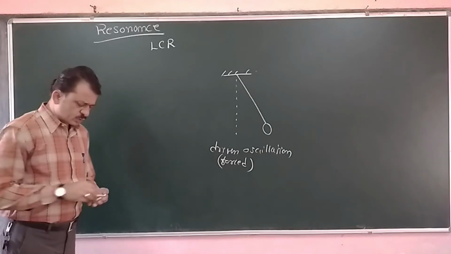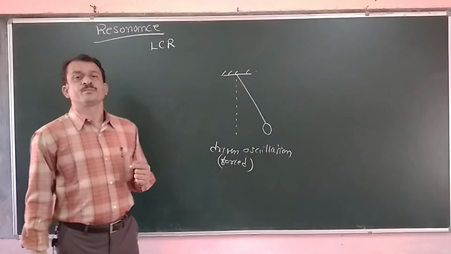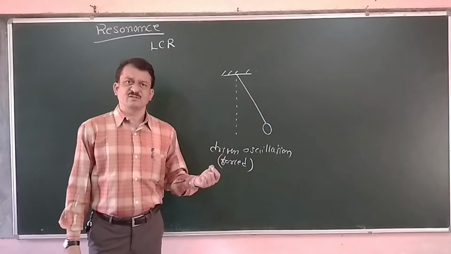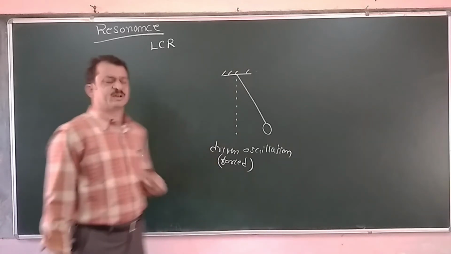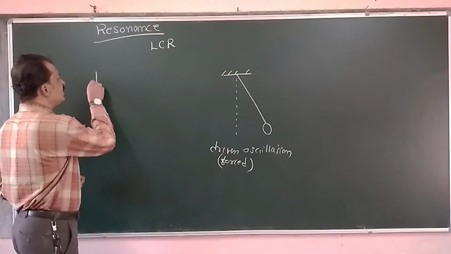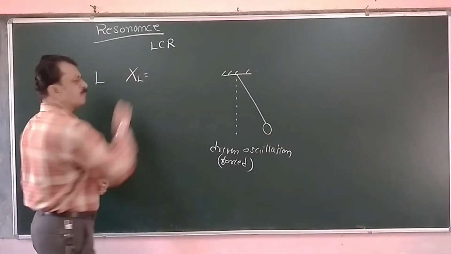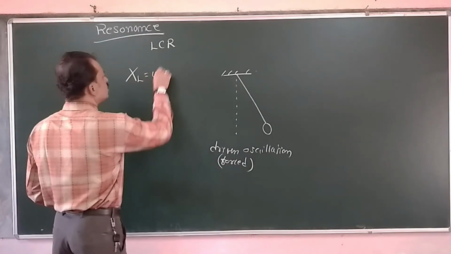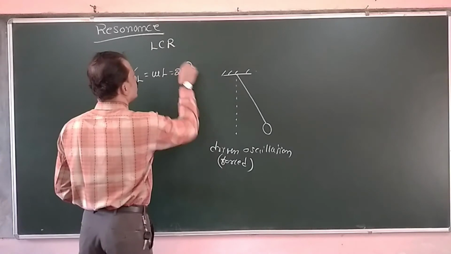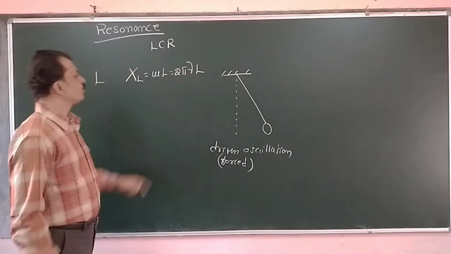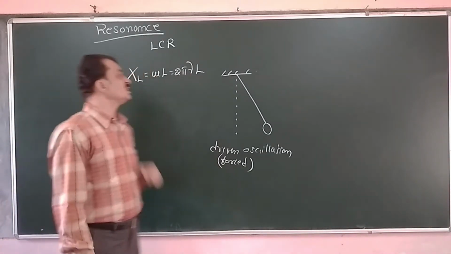Before going to the LCR circuit, we have studied the variation of inductive reactance and capacitive reactance with respect to frequency. In the case of an inductor, the inductive reactance XL is given by omega into L, or 2 pi nu into L, where omega is the angular frequency and nu is the frequency.